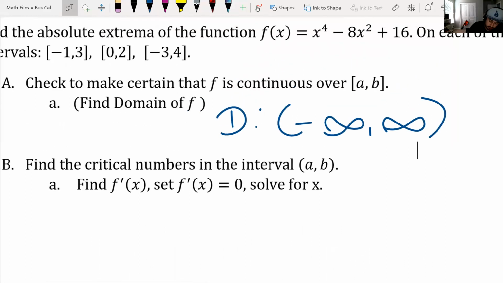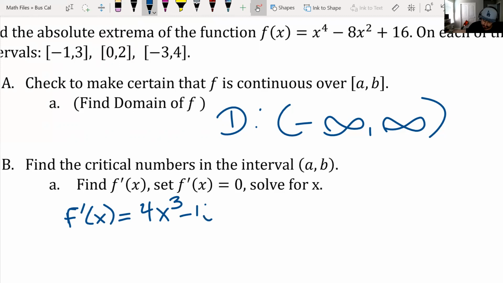Here's my function right there. F prime of x is 4x cubed minus 16x.